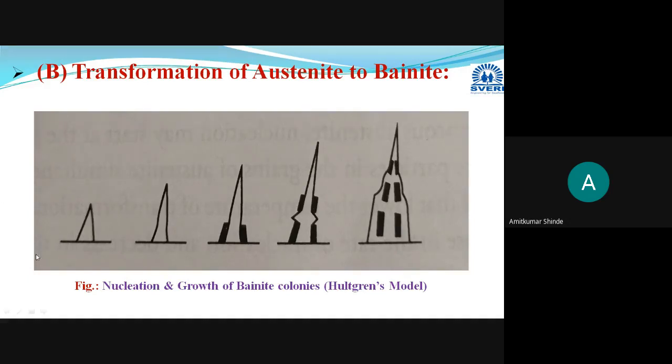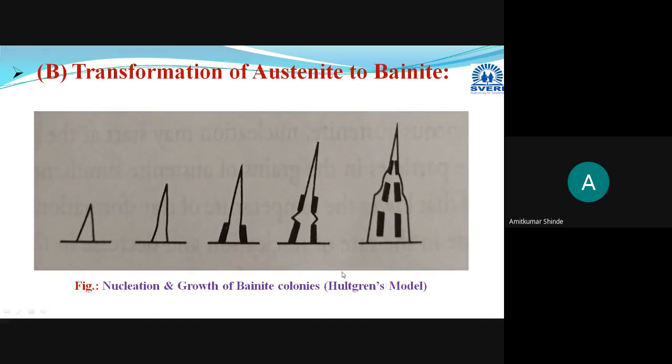Nucleation of the ferrite and its growth along with the cementite, but the growth of that ferrite nucleus is faster and it ends up with a needle-like structure with cementite in the inside region. This will be termed as bainite colonies, and a number of bainite colonies come together to form the whole bainite structure, and this whole model is termed as Hultgren's model.